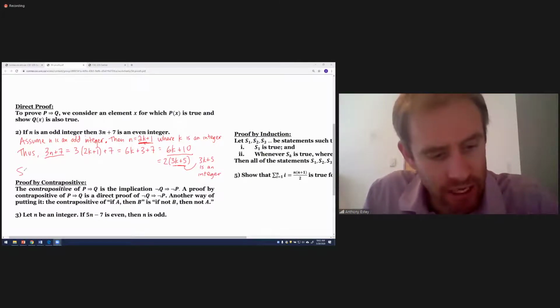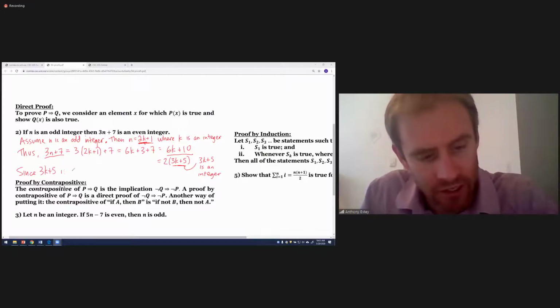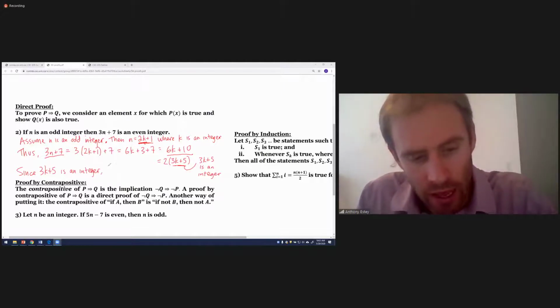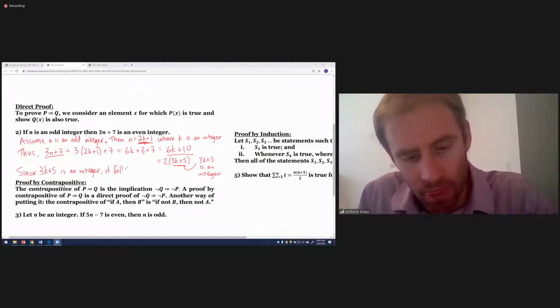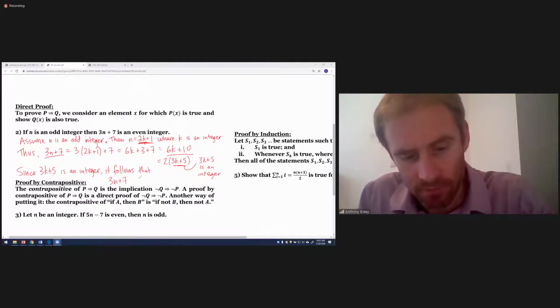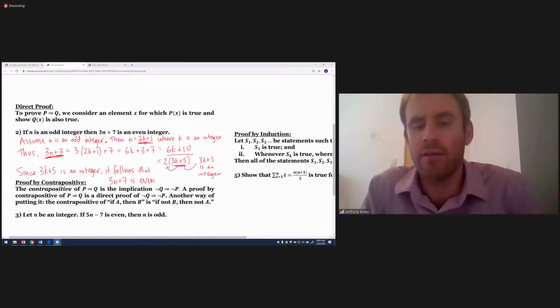So since 3k plus 5 is an integer and we multiply it by 2, it follows that 3n plus 7 is going to be even. If 3n plus 7 equals some integer multiplied by 2, we know that it's even.